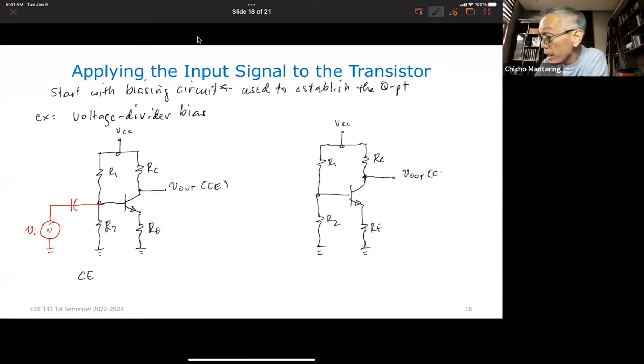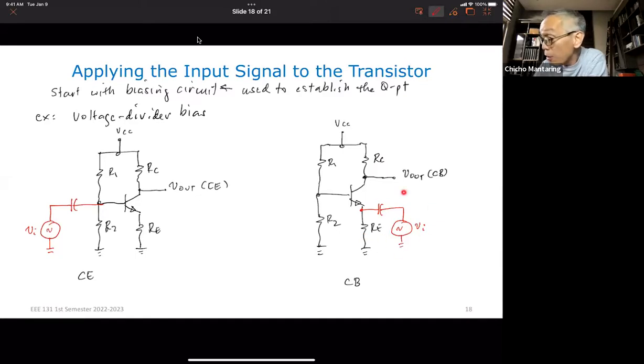So this is the common base. Again, this is common base. Now, where do I apply my input? I apply my input at the emitter. So this is now how I apply my input. Okay. So again, this previous circuit establishes the operating point.